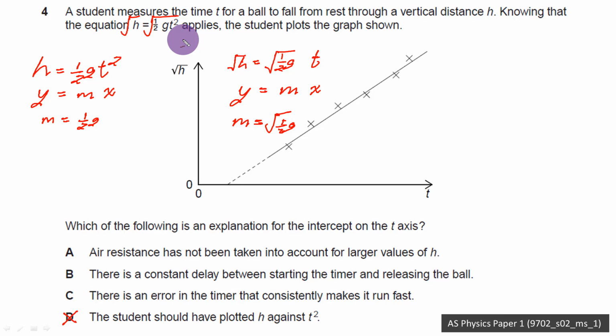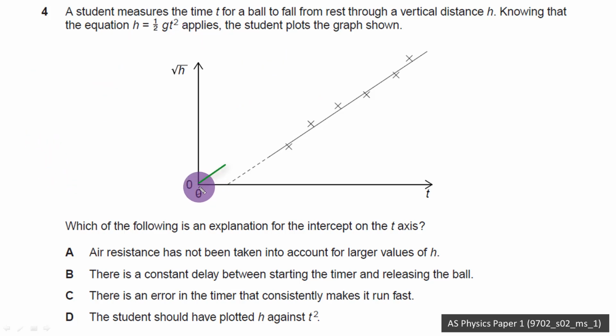In this question, there is such an aspect of the reaction of the timer, and that is part B. In part B, they are saying that there is a constant delay between starting the timer and releasing the ball. We have already agreed that this graph is supposed to be a straight line through the origin, but the straight line that is obtained practically does not pass through the origin.